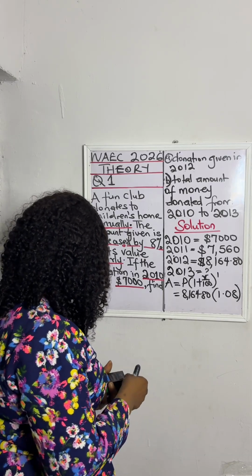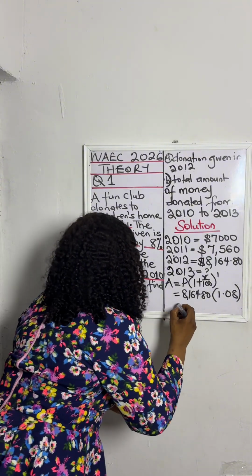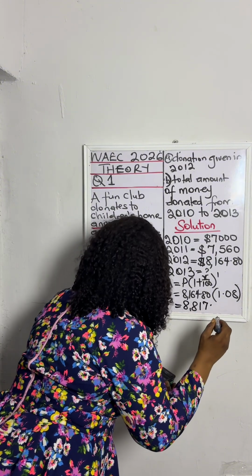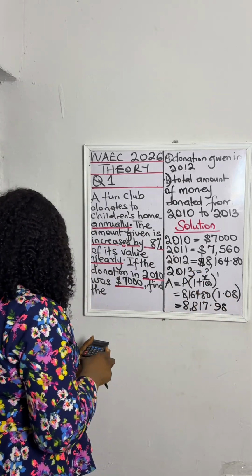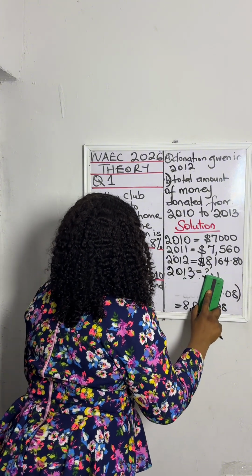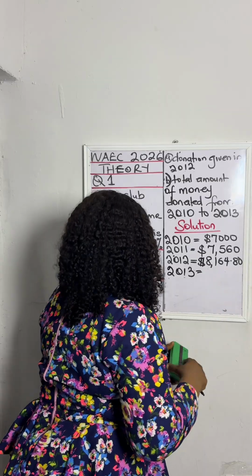So what do I have? 8817.98. So I'll be inputting the value here. 8817.98.